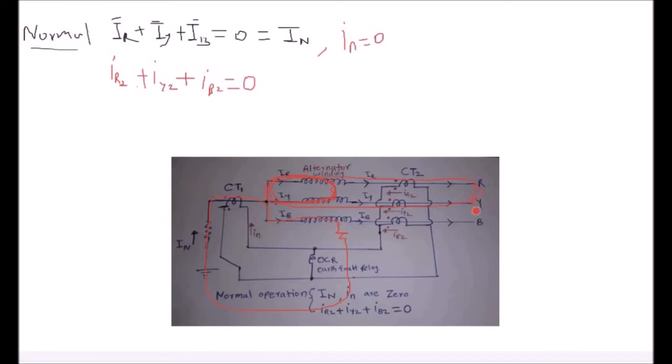But this fault is not associated with ground, therefore it carries only positive sequence and negative sequence components of current. And here, as the CTs are short circuited, the sum of positive sequence current and negative sequence current is equal to 0. Therefore 0 current will flow in these pilot wires, and there is no current in the CT1. Therefore, this relay will not operate for an external phase-to-phase fault.